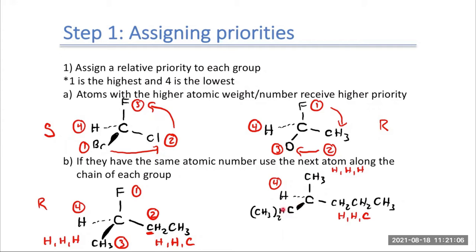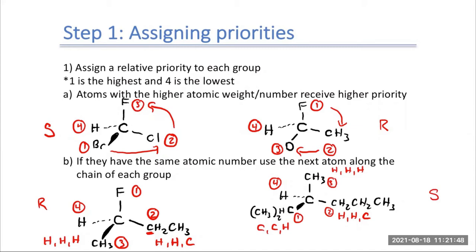And then our isopropyl, you can see, has hydrogen, carbon, carbon. Since the isopropyl has 2 carbons and the propyl just has 1 carbon, this one is attached to more heavier atoms. So that means it gets the higher priority. So it gets our first priority, propyl gets the second, methyl gets the third. So you can see we're going in an S configuration.